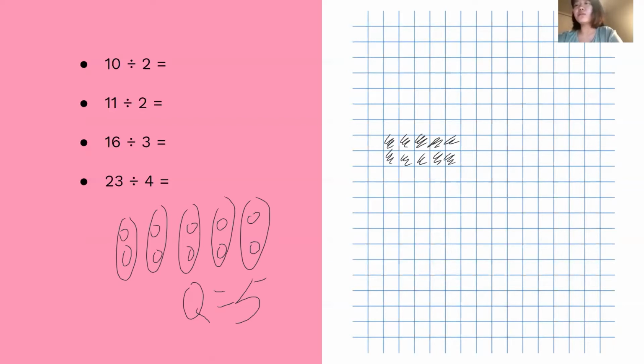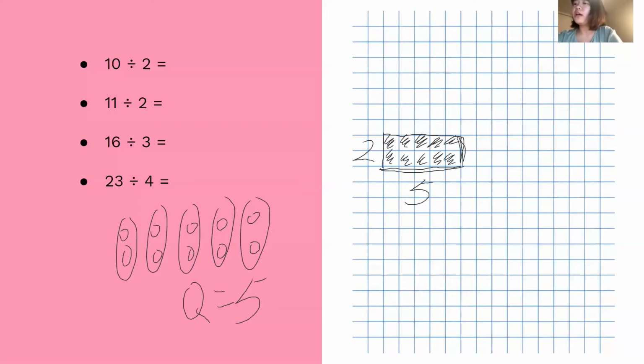And in this square paper, if one square's length is 1 centimeter, our width for this rectangle is 2, and our length is 5.